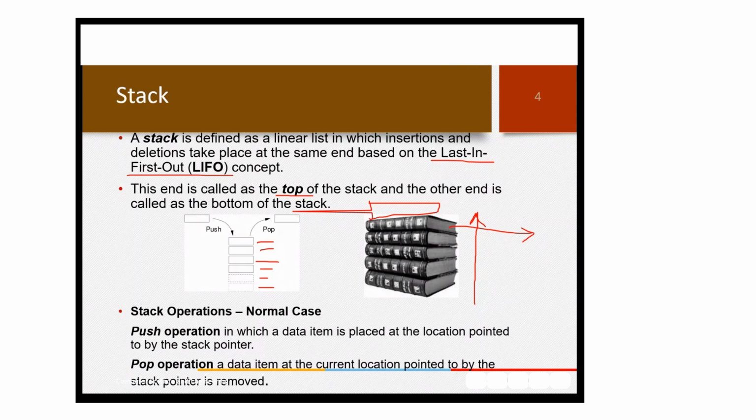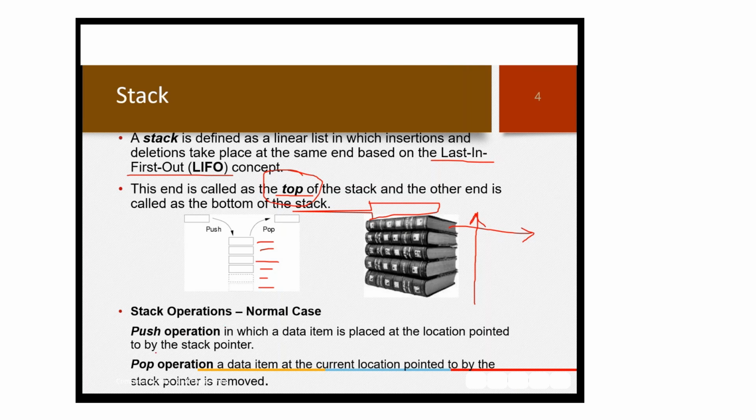So how do we know which is the top? So this is a pointer. Top or SP, stack pointer, is basically a pointer which will tell us that, okay, this is the place. Similarly for removal, again, we use the stack pointer. So we use only one variable here called top or SP, stack pointer, in order to push or pop.